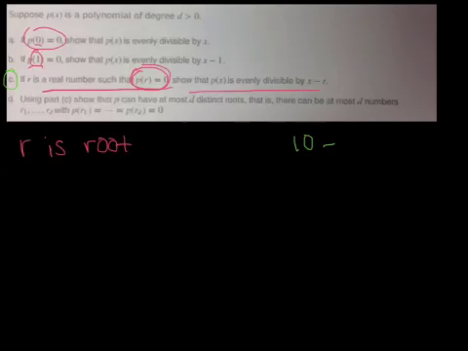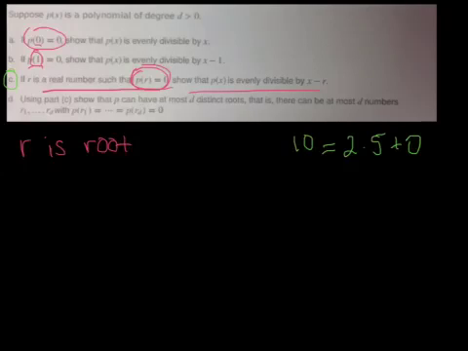How would I show that 10 is evenly divisible by 2? Well, I'd say that 10 is 2 times 5 plus a remainder of 0. It's evenly divisible. If it weren't evenly divisible, that would mean I'd have to add some remainder. So if I can show that the remainder is 0, then I have proven that it's evenly divisible.